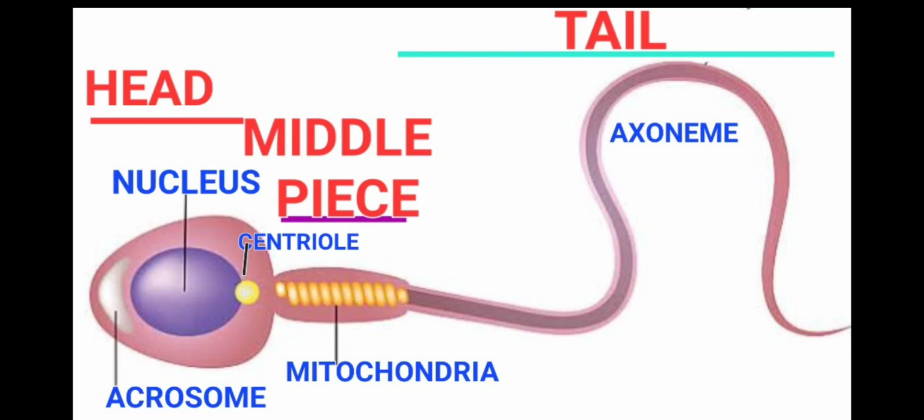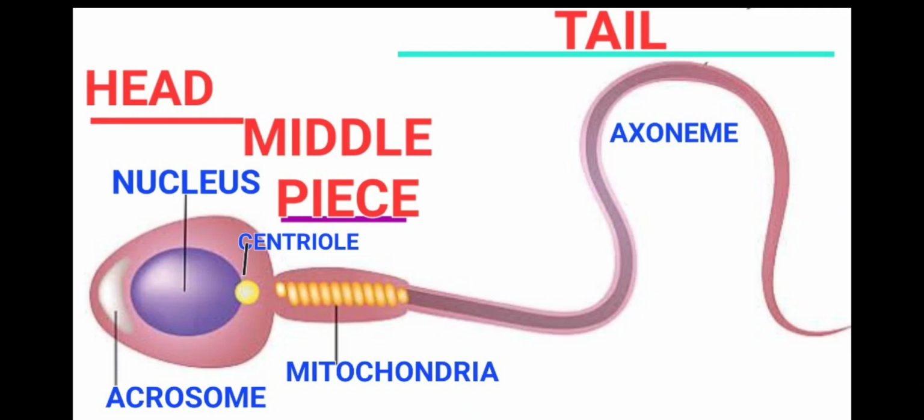Then it starts with the further part of the neck or the middle piece, which is composed of rigid proteins, typically 5 to 7 micrometers in length, which includes the connecting structures of the neck and the anterior part of the sperm tail.